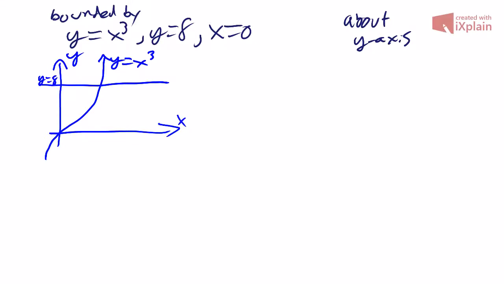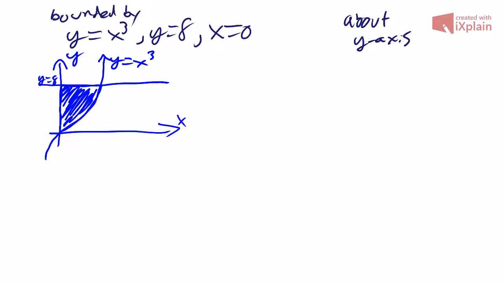And x equals 0, that's a vertical line, and that's really just the y-axis. So that means this is our region right here, this shaded area. It's bounded by the y-axis, the line y equals 8, and then the curve x cubed.